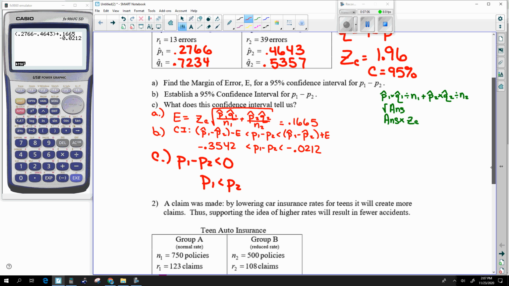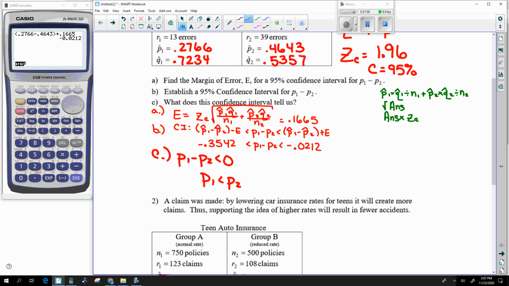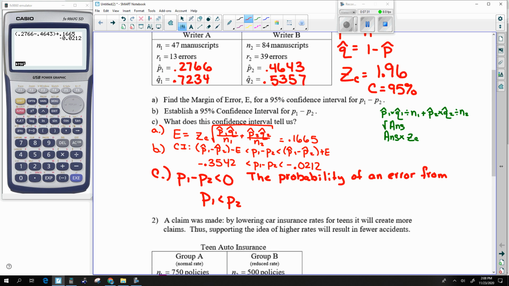So these are probabilities of an error. So the probability of an error from 1 is less than the probability of an error from 2. Writer A.